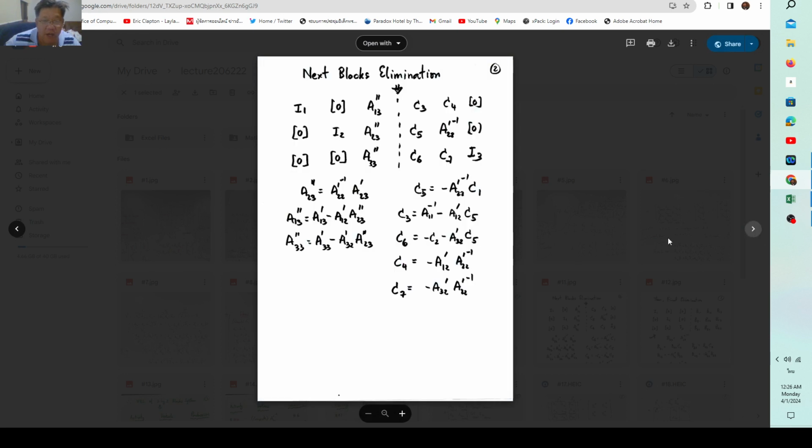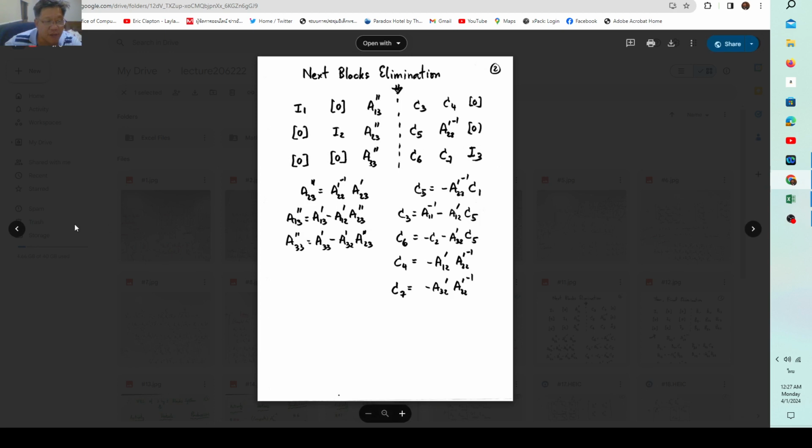So this one becomes 0. And A13 prime, you get A12 prime over here multiplied by A23 double prime, and then subtract to the original value of A13, which is A13 prime. So this one A13 double prime is A13 prime, previous one, minus A12 prime over here multiplied by A23 double prime. Okay, and you get C3 and C4, right?